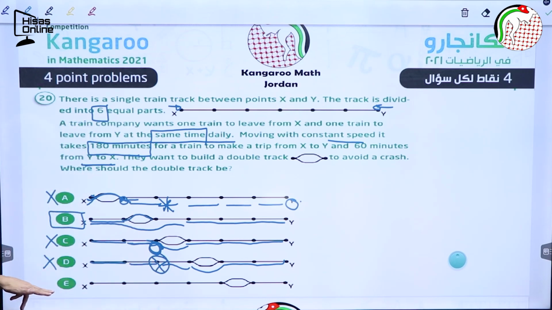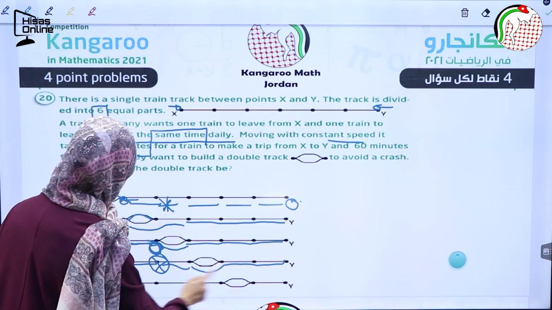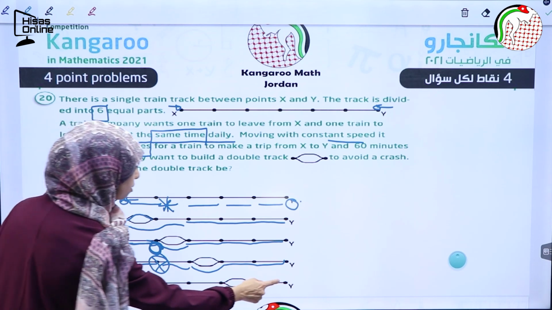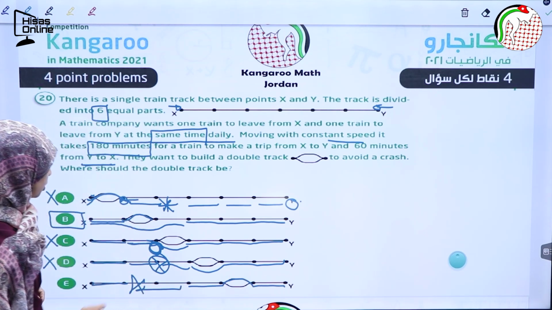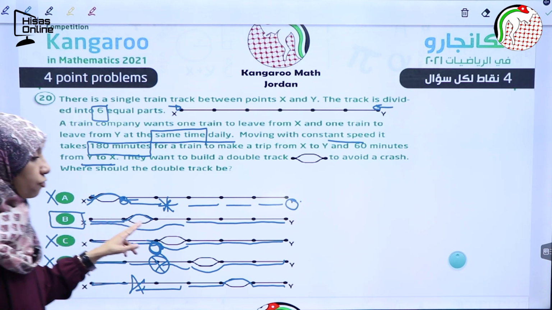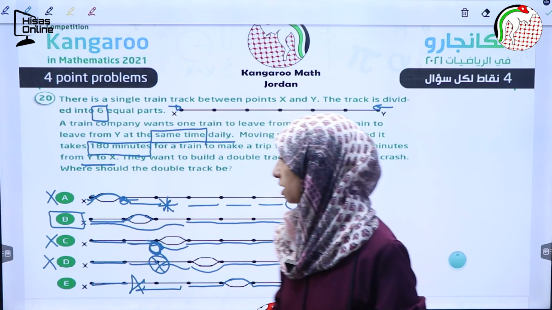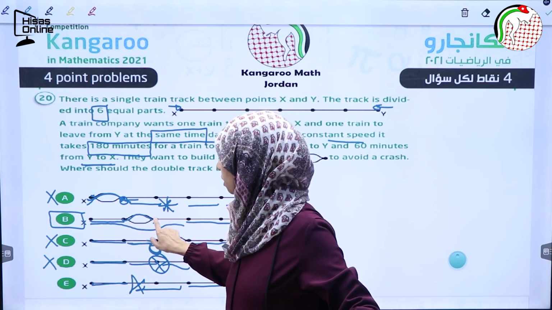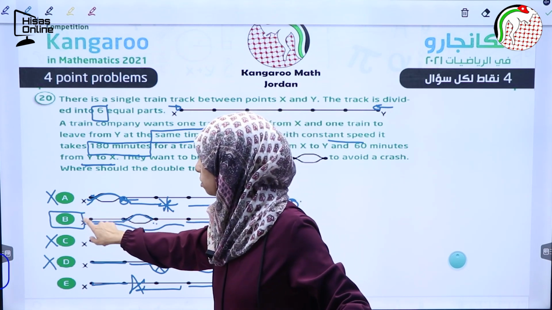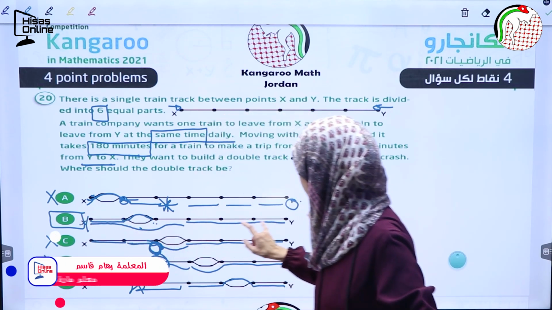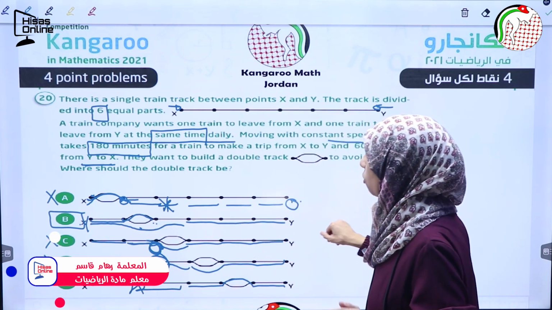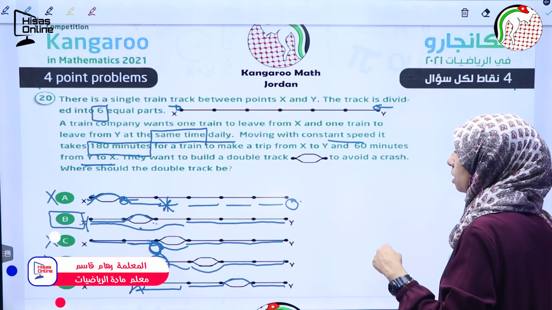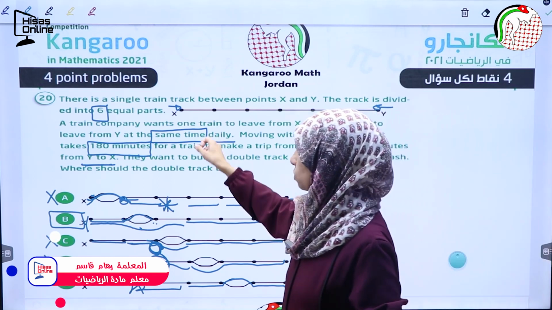And the last option, E. 1 here, 1, 2, 3. Definitely there will be a crash here. So B is the right track that has the double track here in order to make the trip between point X and point Y to avoid any crash of the trains moving at the same time, as we said.